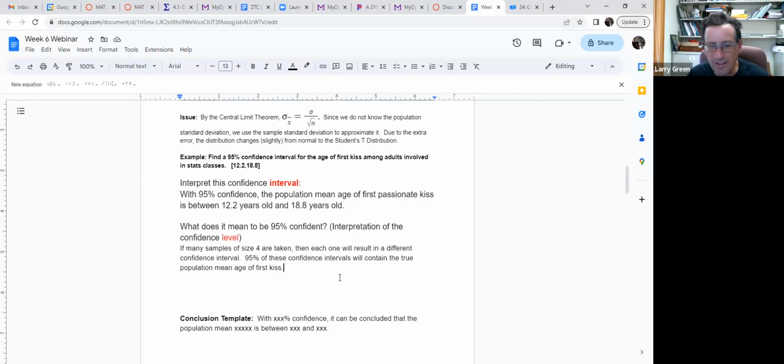But that's worthless because everyone knows that anyway. Do you see that? So the problem with trying to be more confident is that your margin of error is wider. So if you want the margin of error to be more narrow, one way of doing it is to decrease the confidence level, like to 90%.